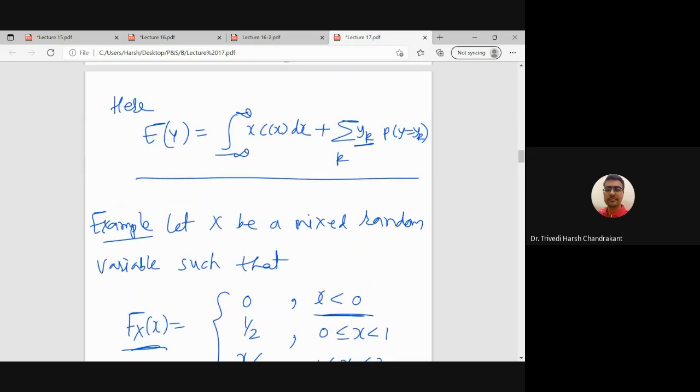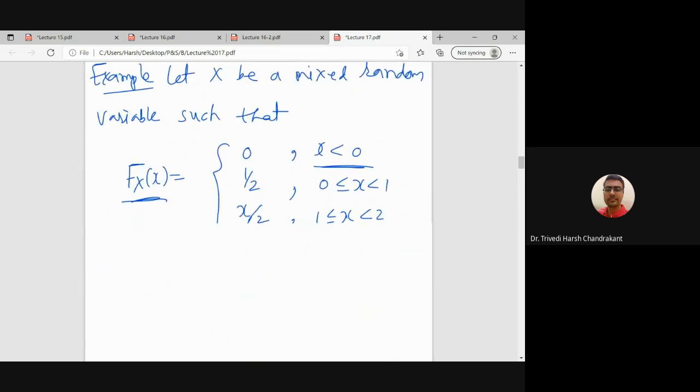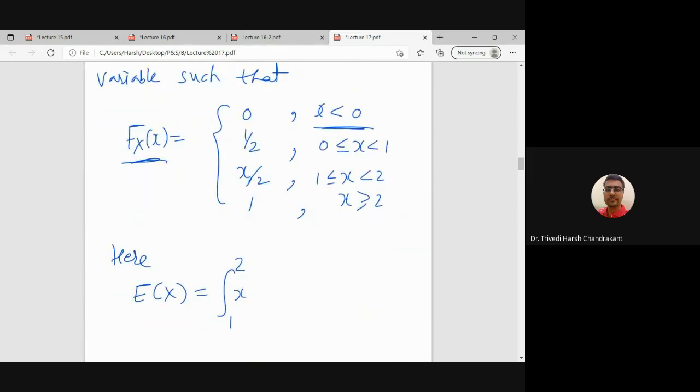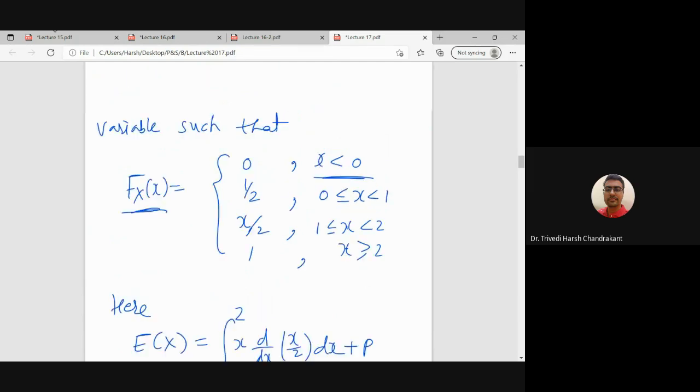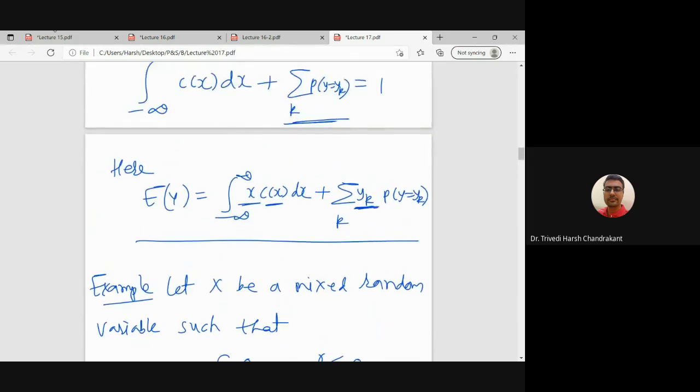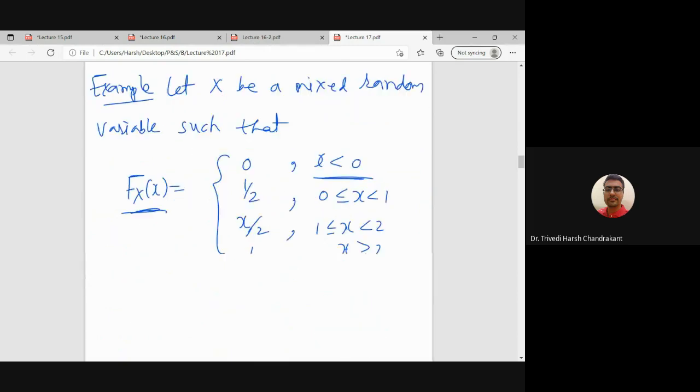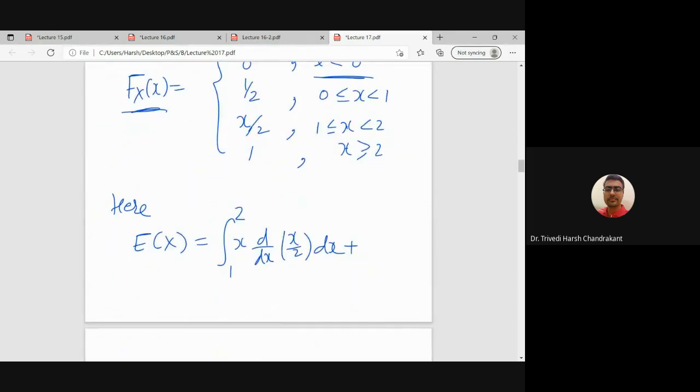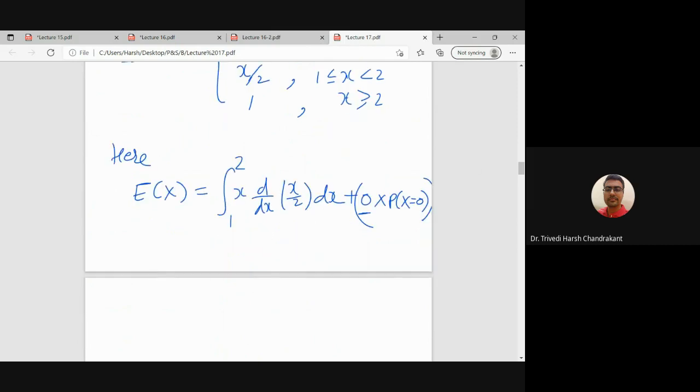The expectation is x times the derivative of the CDF, that is x times the derivative of x by 2, plus the point times the probability at that point. Here the point is 0, so we don't need the probability at 0, because 0 times any number is 0.